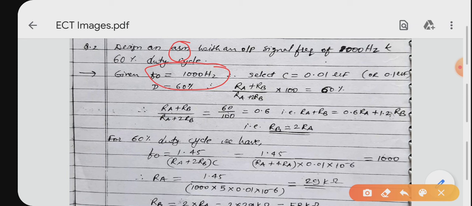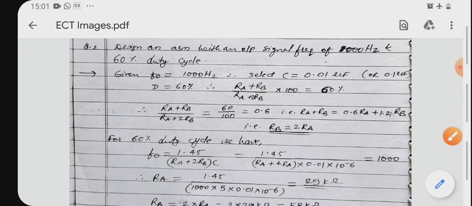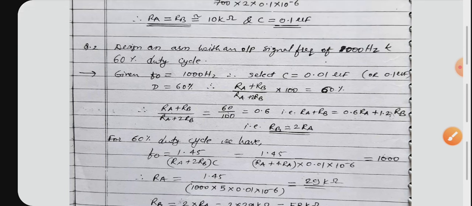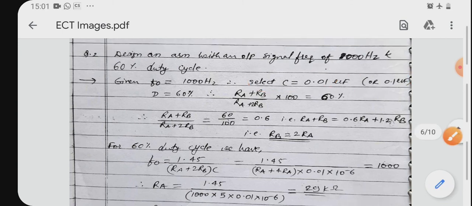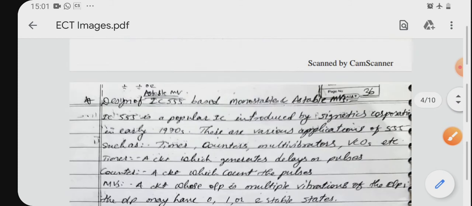Based on the frequency given, 1000 hertz means 1 kilohertz, you have to select the capacitor value. Again, by referring to the table of capacitor selection guidelines, we can select C is equal to 0.01 microfarad, because 1 kilohertz is an option in both places.